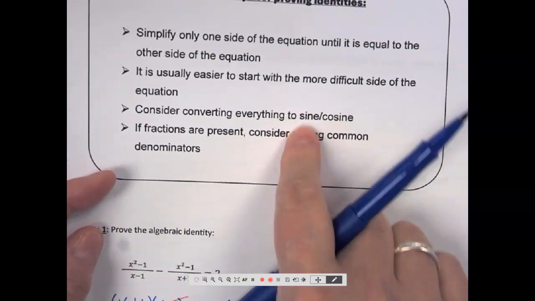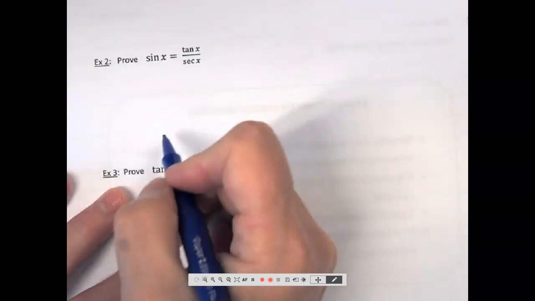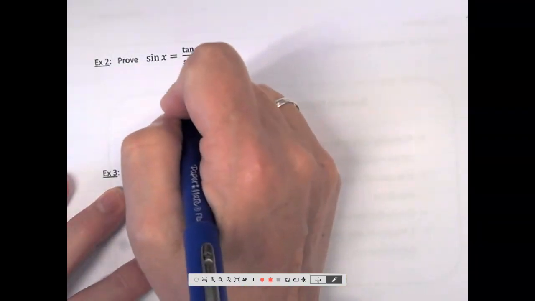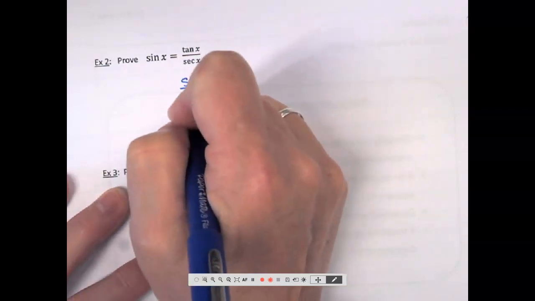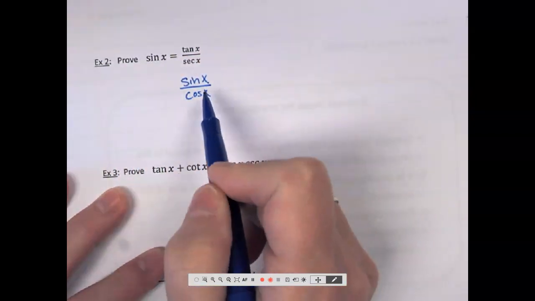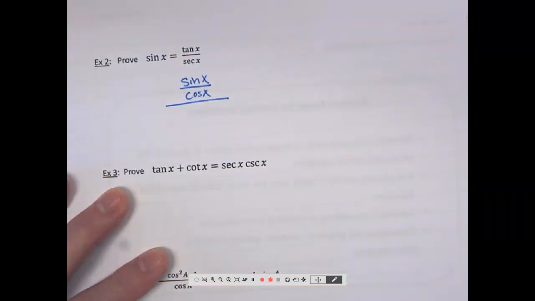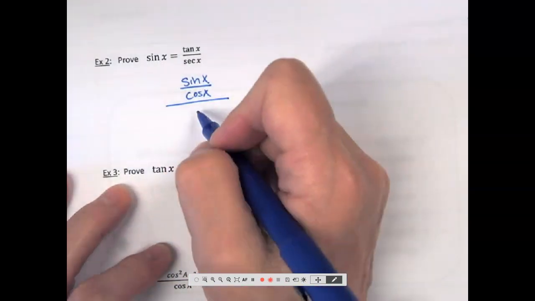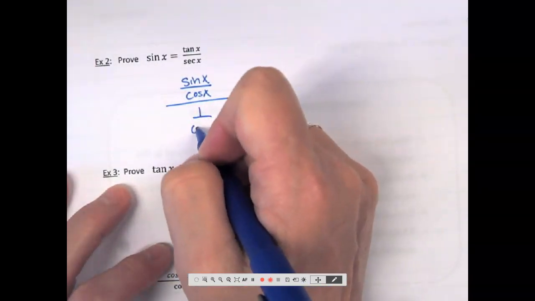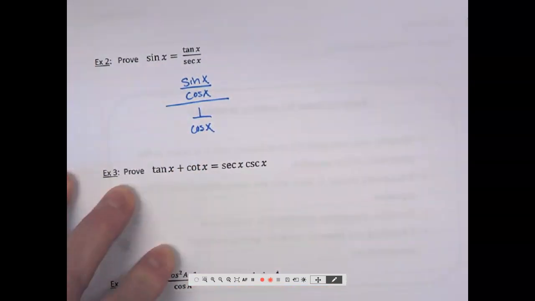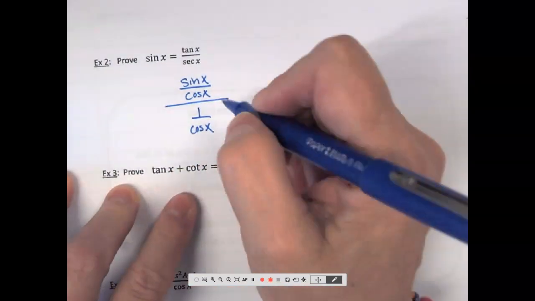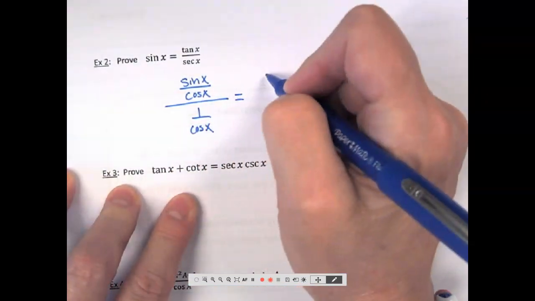Okay? So what do you think I'm going to do to this side? Yeah, let's switch everything to sine and cosine. All right, so tangent becomes sine over cosine. Secant becomes what? 1 over cosine. And then we're going to do a little keep, change, flip, or shortcut.